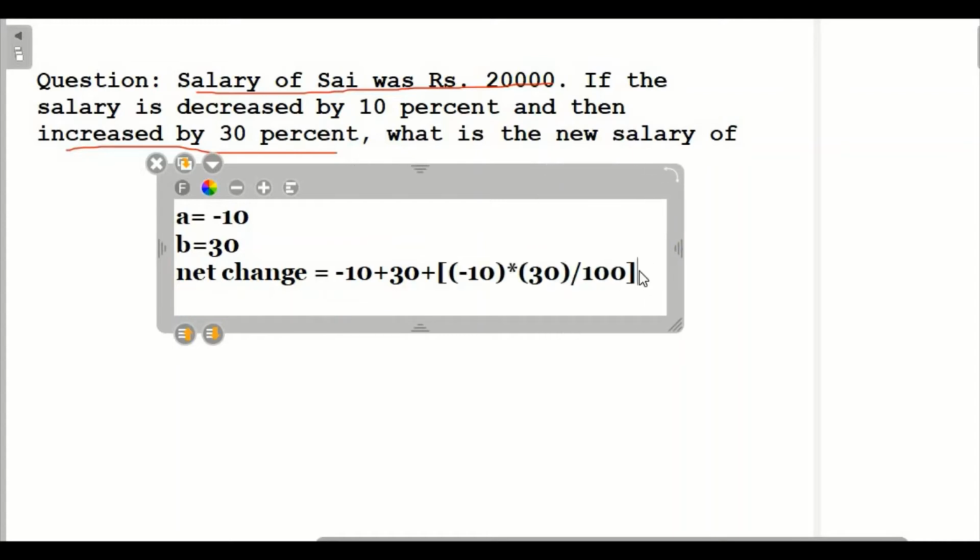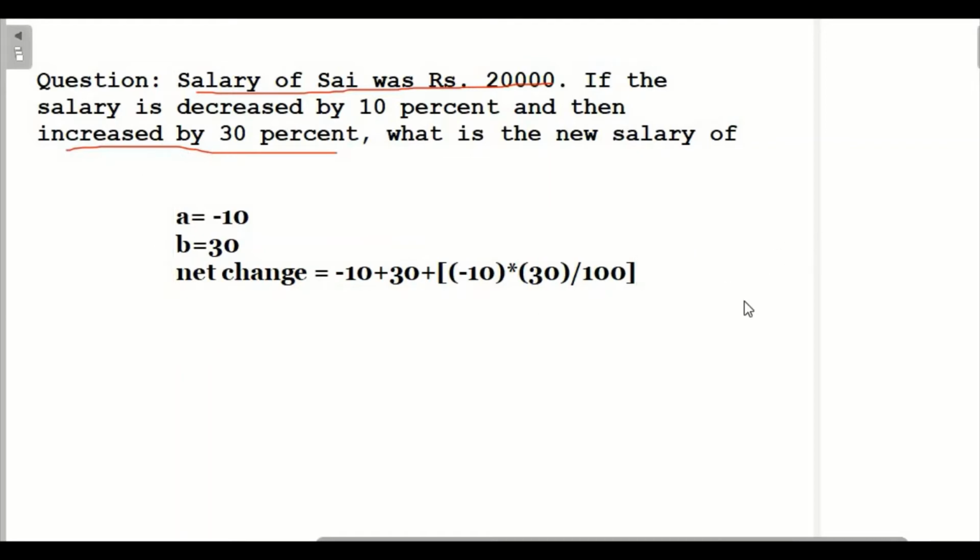If you are going to calculate the salary on the basis of both increase and decrease, we have to use a formula. I'll tell you the shortcut formula to calculate the sum.